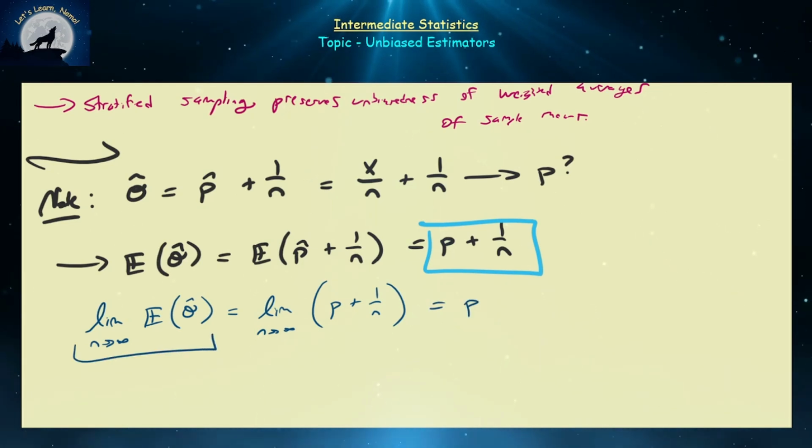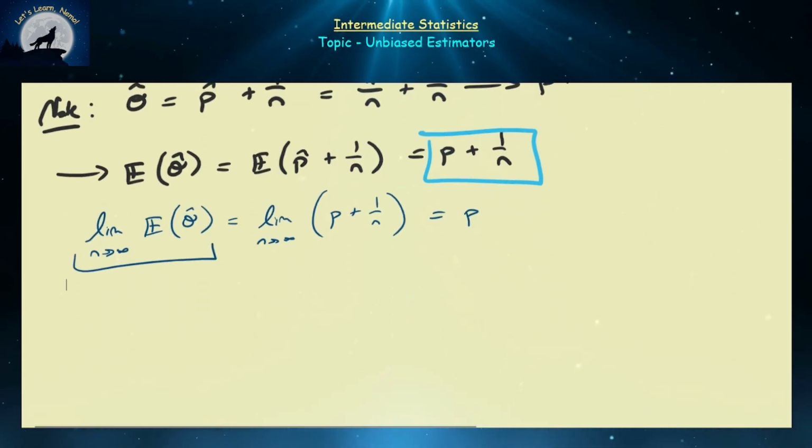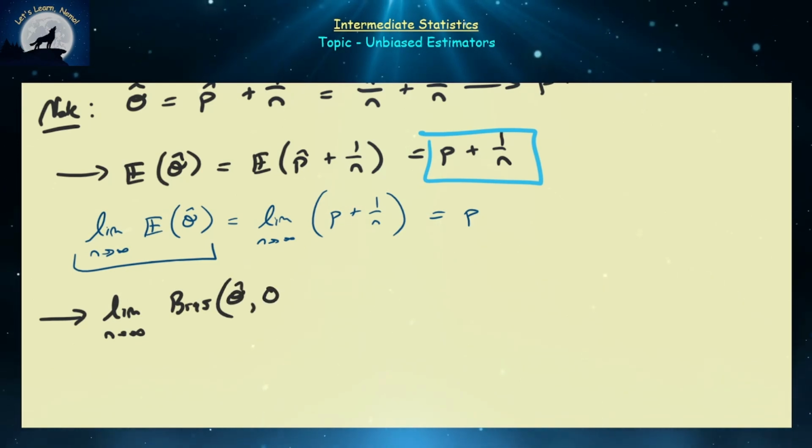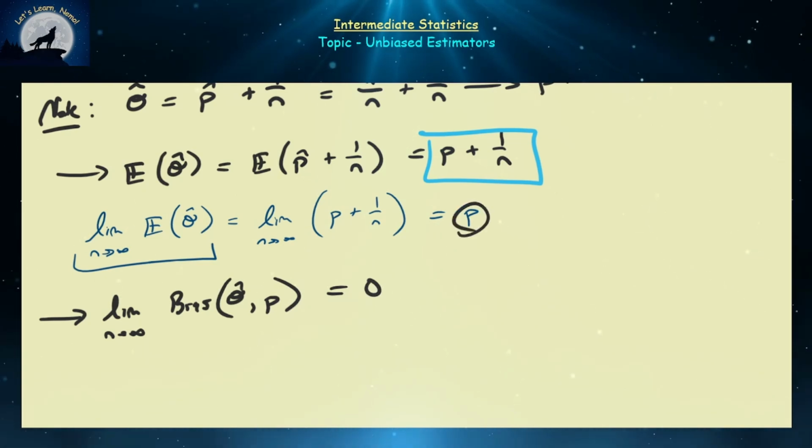So from the perspective of bias, this can be equivalently written as the limit as n goes to infinity of the bias of theta hat for p, which is equal to 0, because we know p is unbiasedly estimated by p hat.